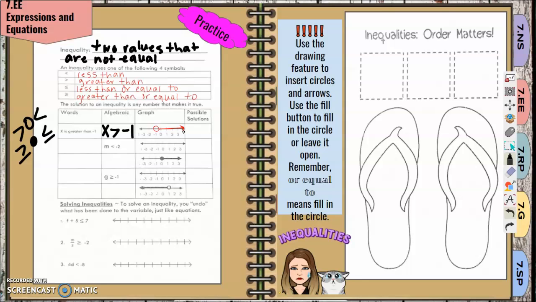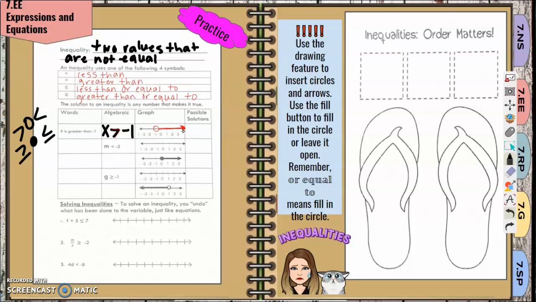Now, your variable should always be on the left-hand side. That's so important. If your variable's on the left-hand side, then your inequality will point in the direction that you need to shade for your graph. So for this one, x is greater than, it's pointing to the right, which means when we graph this, we're going to shade everything to the right.